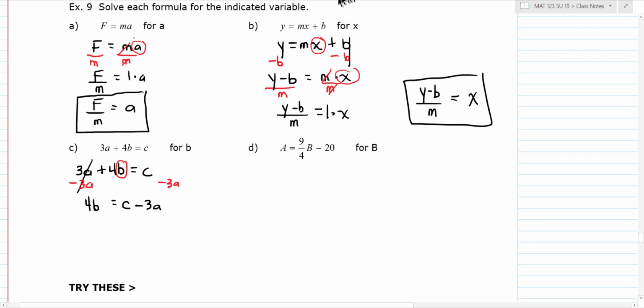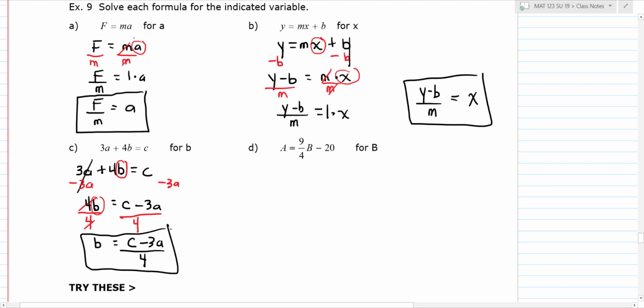Then the last thing you do, you're getting b by itself. How do you get rid of the 4? You undo the multiplication of 4 by dividing by 4, so then you're done. So we got 1b, or b is equal to c minus 3a over 4. All right, so that would be the solution to that problem.